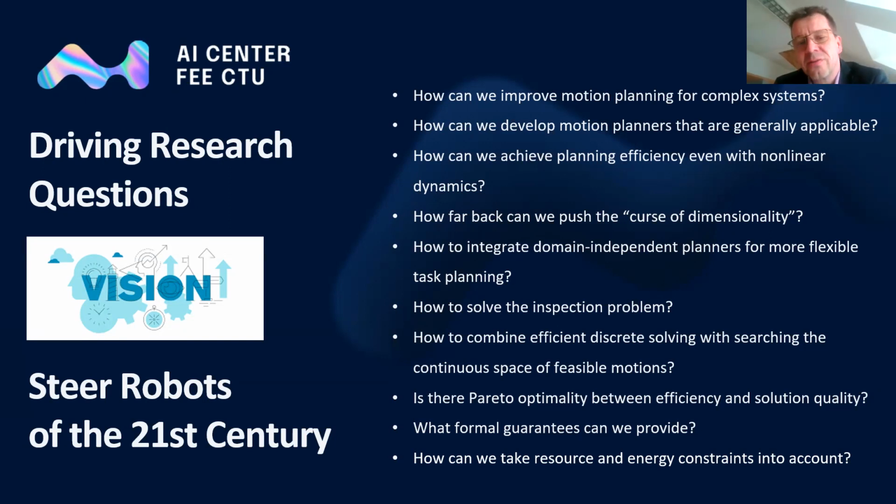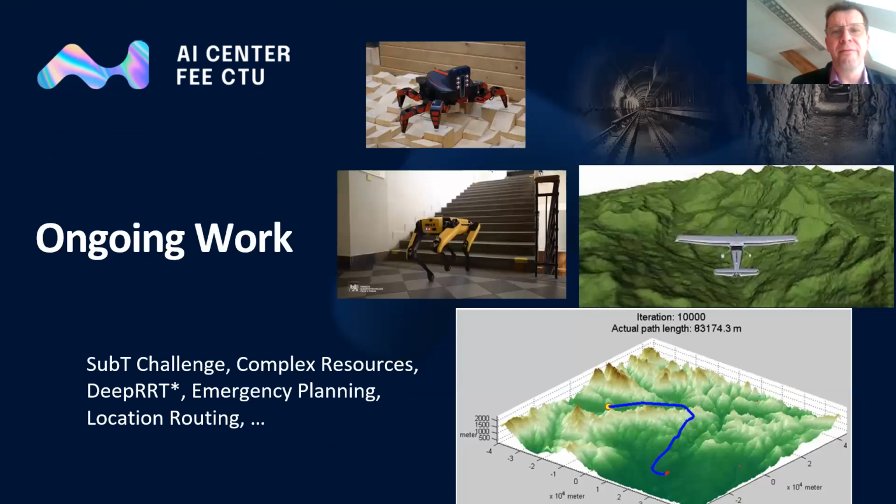And also how to take resource and energy constraints into account. So we will try to follow an approach which I think is pretty good in terms of efficiency, and it really solves some problems in real time that were out of reach for a long time in a scalable fashion. So let's look around into it and feel what has changed.